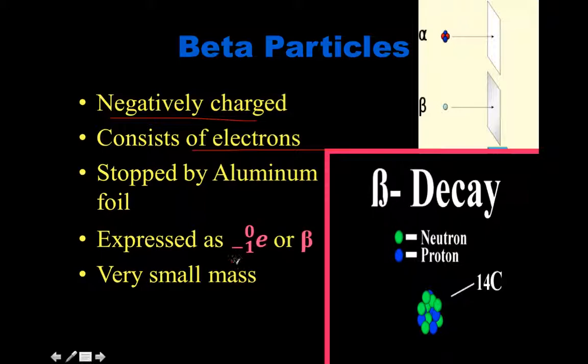How we express it again, look at this right here. You have your atomic number, or as expressed like this, the charge of -1 will be written on the bottom, and then you have the little e for that little electron for the beta particle, or just a B for beta. And it has a very small mass.